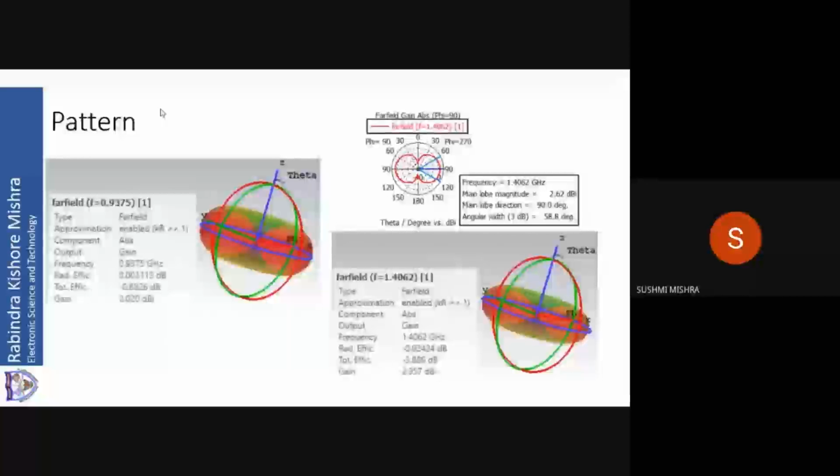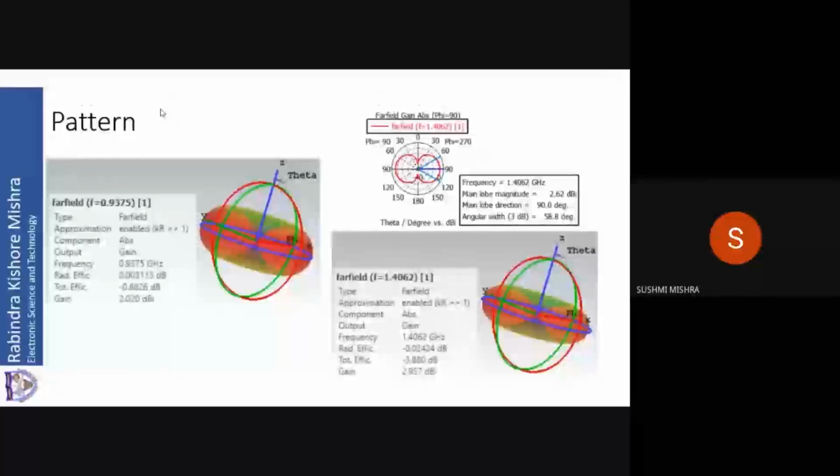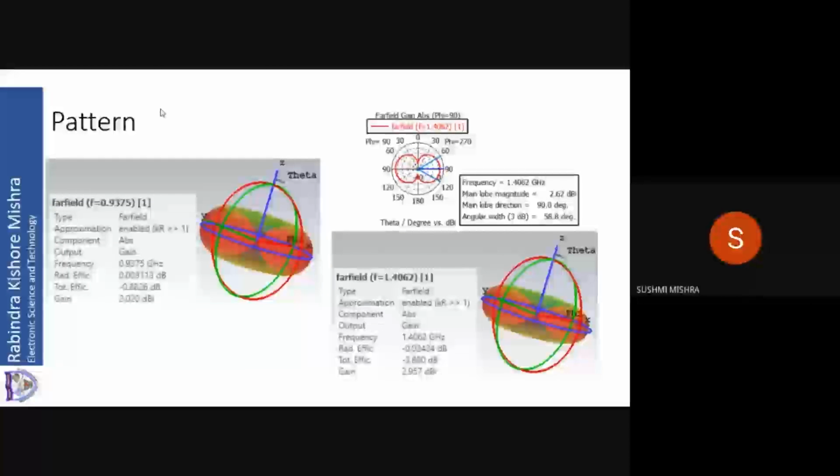Now let us look at the pattern for different wavelengths or different lengths. Length I have fixed as 160. Each side is 80 millimeter, so it is 160 millimeter. Now I am seeing the radiation pattern for different lengths. So we are starting at f equal to 0.9375, which is lambda by 2.